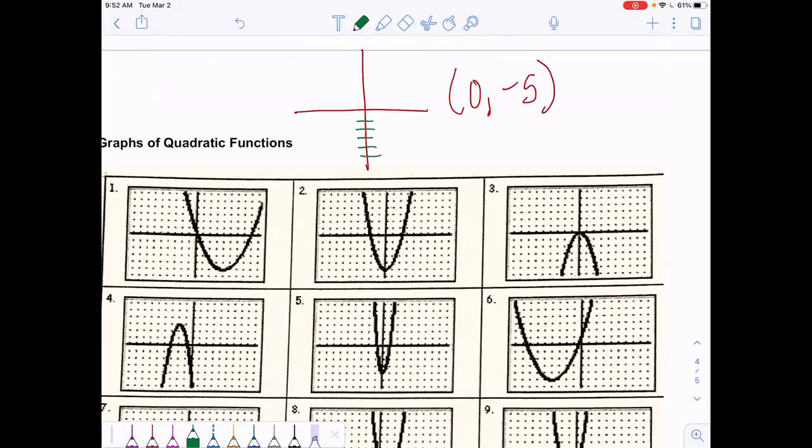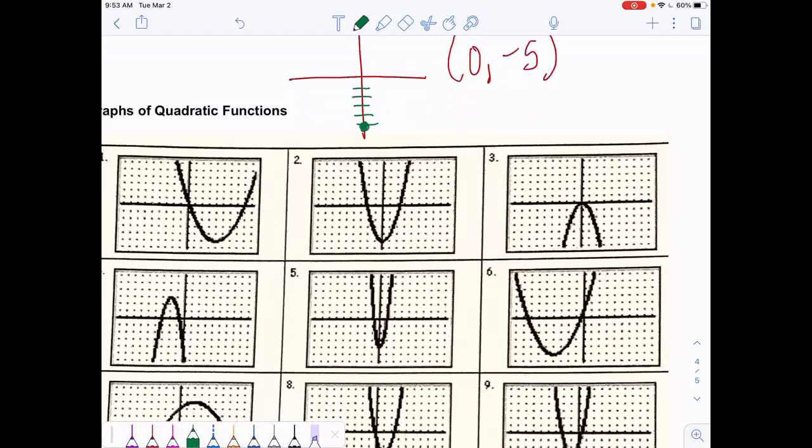Well, the x is 0, and if I have to graph (0, -5), my y value is -5. So that should go down on the y-axis to -5. That means my vertex is going to be on the y-axis.